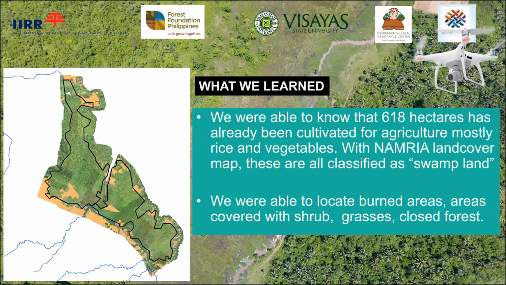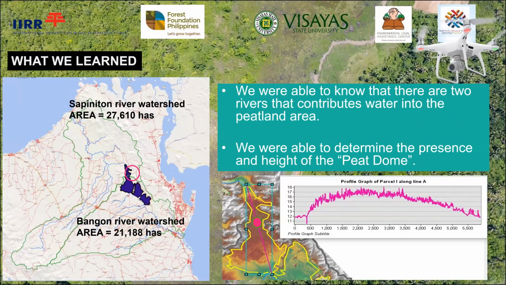If you look at the left side figure, there's a circle there. Over there, we tried to run a ground profile analysis, and the graph on the right side shows the ground surface analysis.